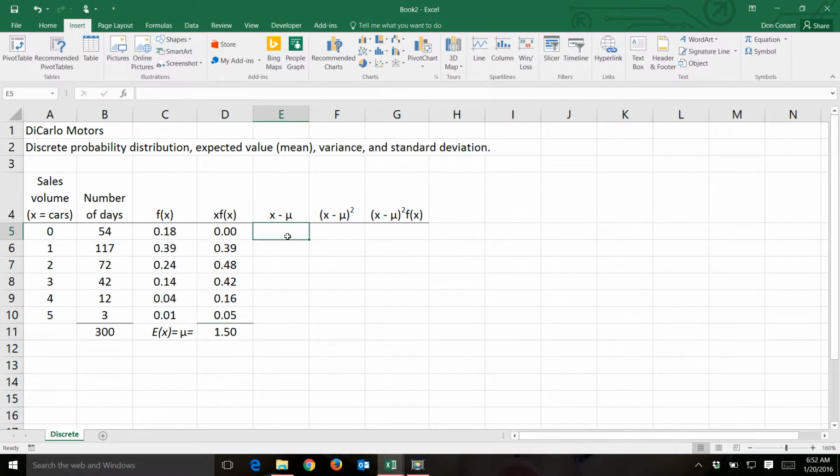Now we need to calculate the variance. There are 3 steps to accomplishing that. First, we need to take x and subtract it from mu for each instance. So we'll take x and subtract that from mu. I'll make that absolute.